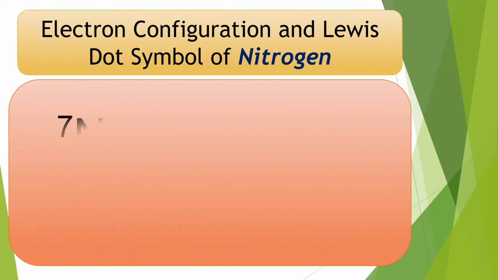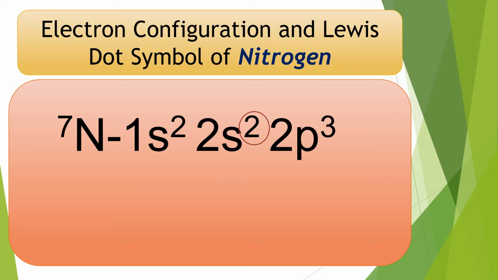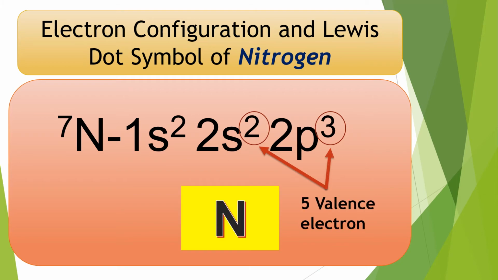Another example is nitrogen. Nitrogen belongs to family 5, so it has 5 valence electrons. Therefore nitrogen has 5 dots around it.